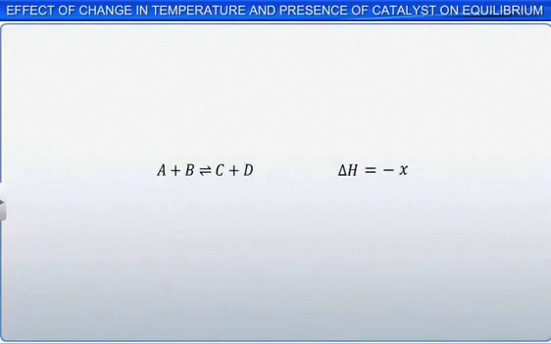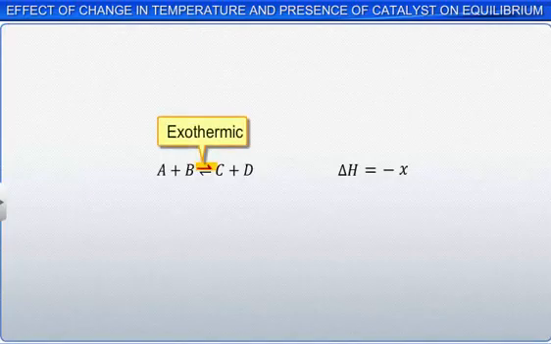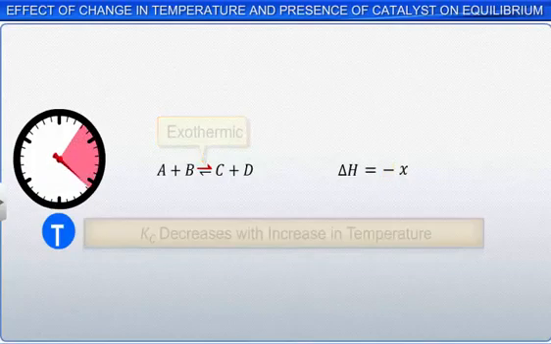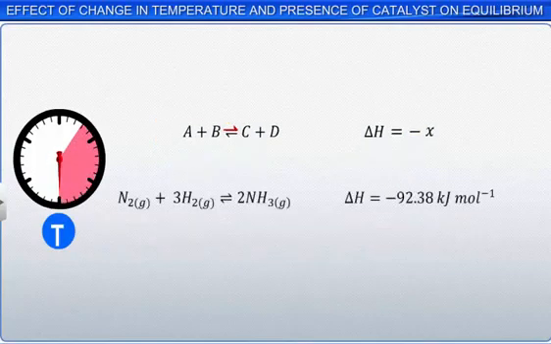In general, equilibria in which the forward reaction is exothermic, that is, where the enthalpy change is negative, have equilibrium constants that decrease with an increase in temperature. For example, the gas phase reaction of nitrogen and hydrogen combining to give ammonia.